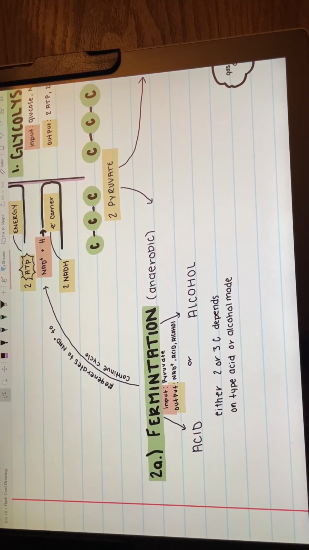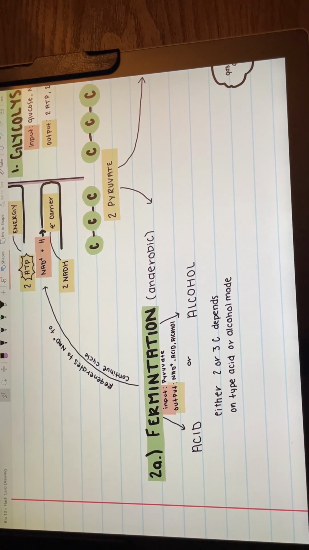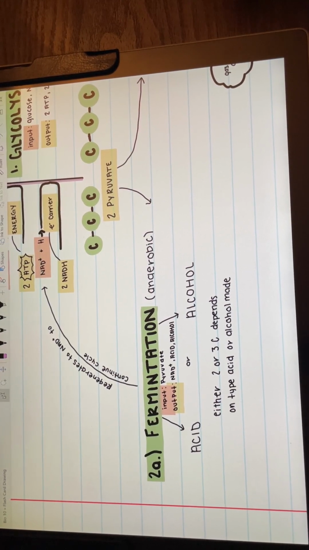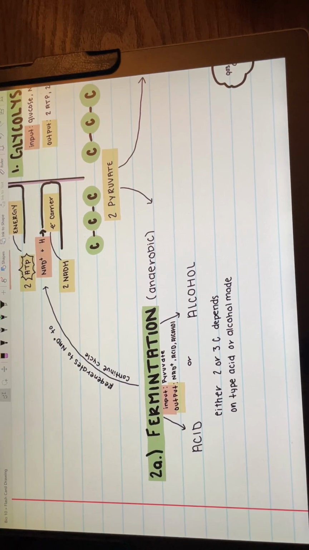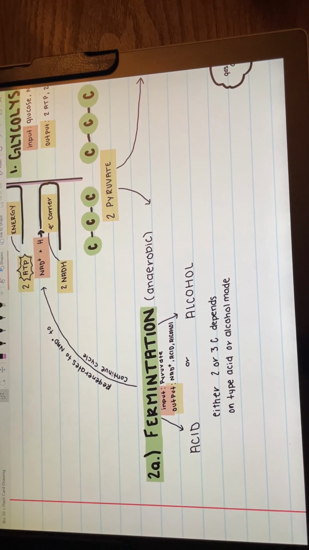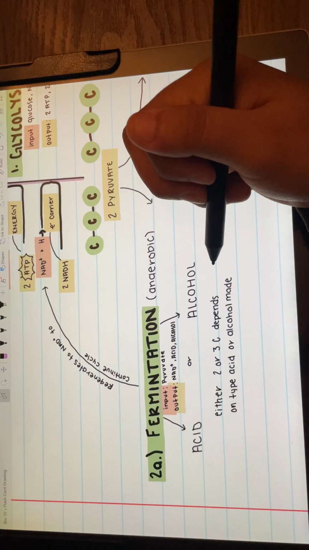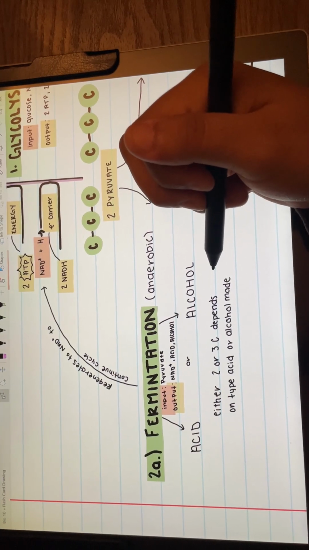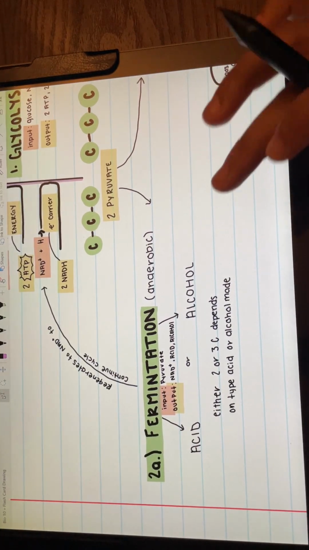Fermentation for cells who require oxygen is an alternative pathway, and there are 2 main types of fermentation. There's lactic acid fermentation or alcohol fermentation, and it just depends on the cell which one it generates.